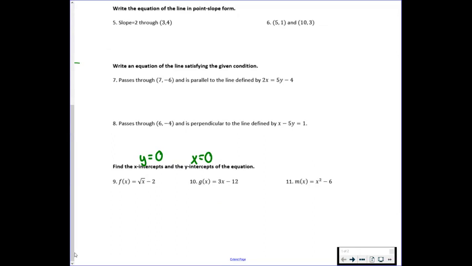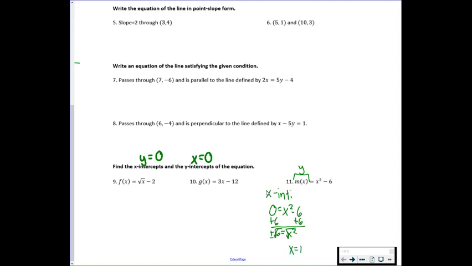Okay, let's go ahead and do number 11. Again, x and y-intercept. X-intercept, plug in y equals 0. So 0 equals x squared minus 6. Add 6 to both sides. 6 equals x squared. To undo a squared, I'm going to take the square root of both sides. Remember though, when you take the square root, you always get the positive and the negative version out.